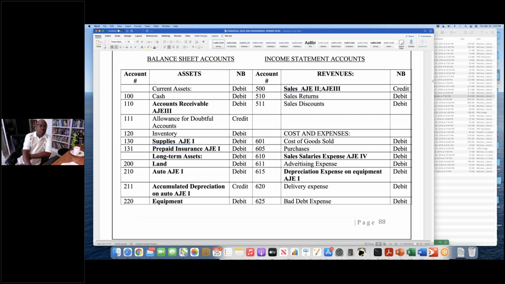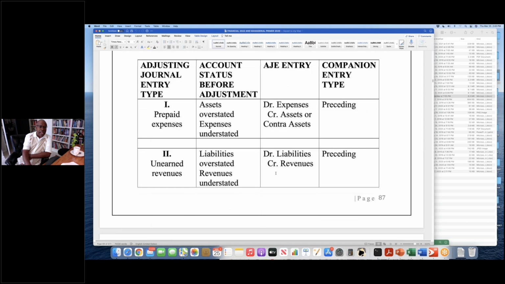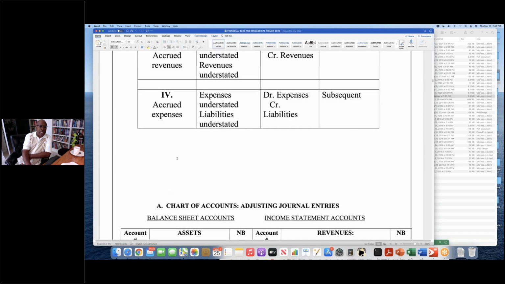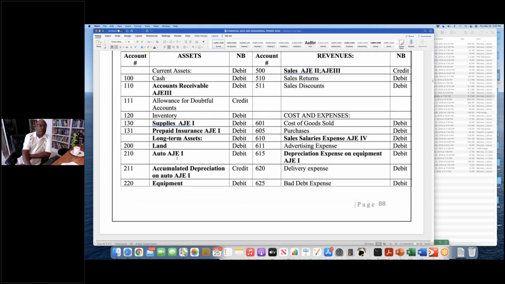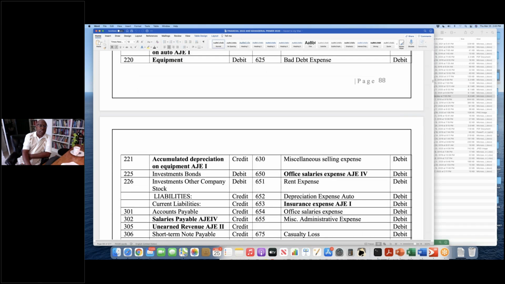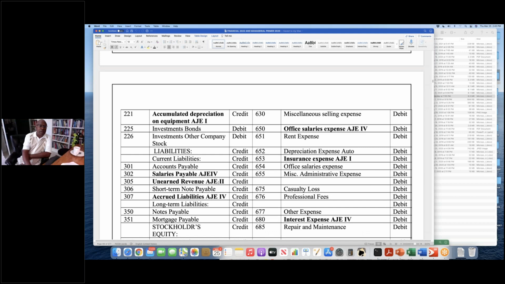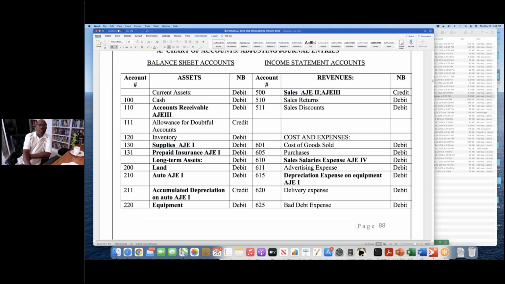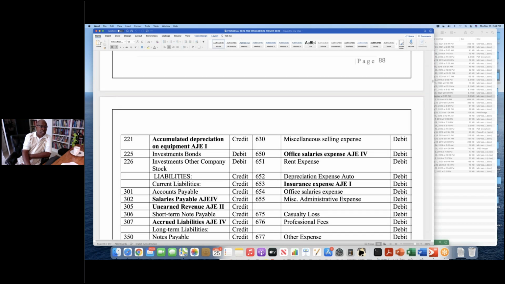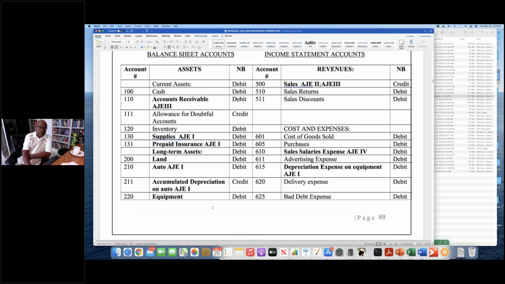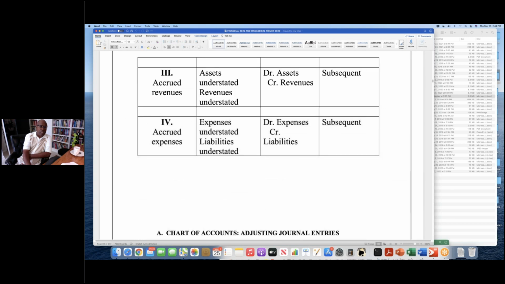Okay. Now, if we have unearned revenue, then that's a type 2. That's going to involve the unearned revenue account and sales. Okay, so I'm letting you know, if it's an AJE 2, then it's unearned revenue and sales.